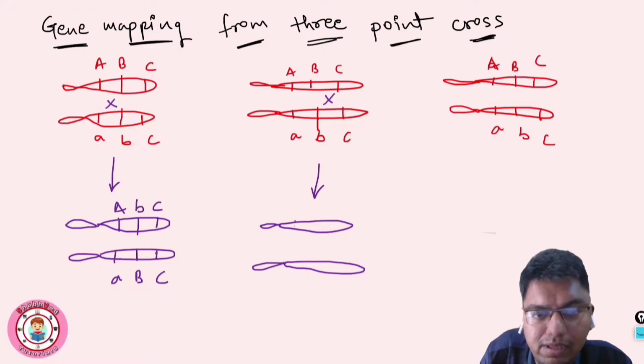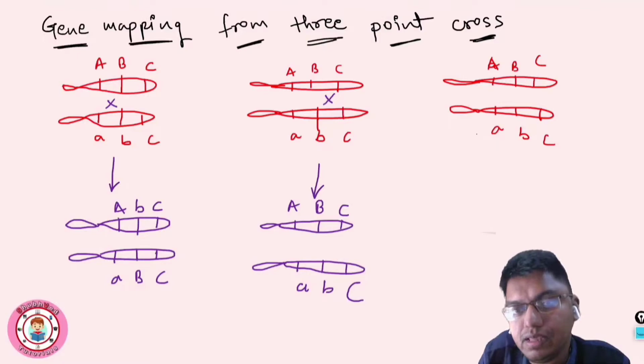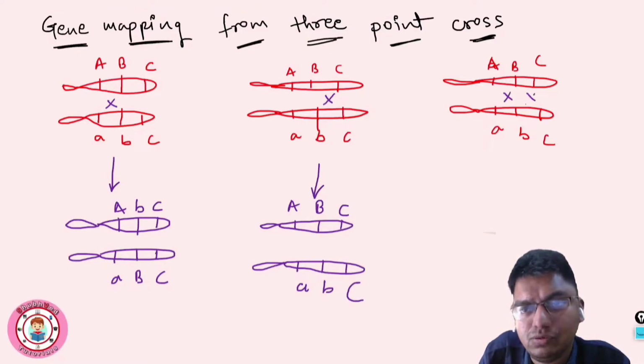Here will be capital A, capital B as it is, and small c. Here small a, small b, and capital C.